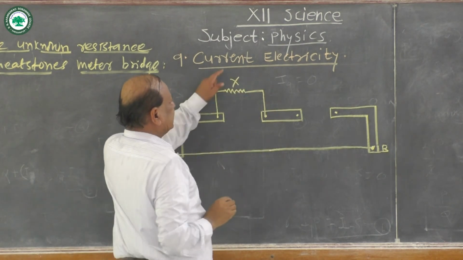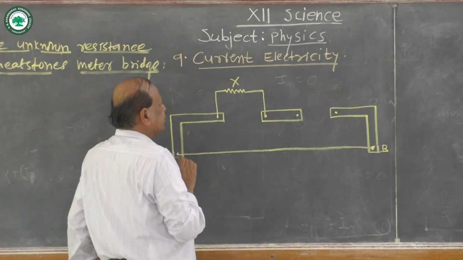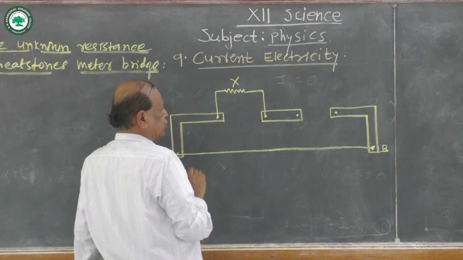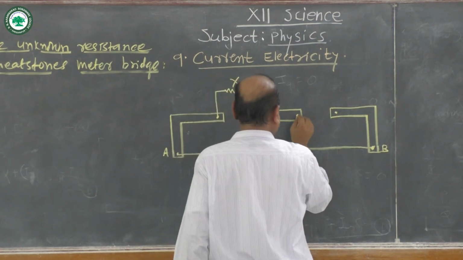This resistance X is the unknown resistance; we have to calculate the value of X using this Wheatstone's meter bridge.